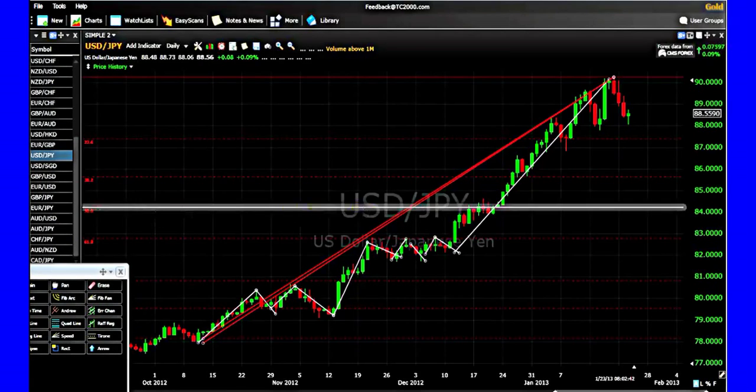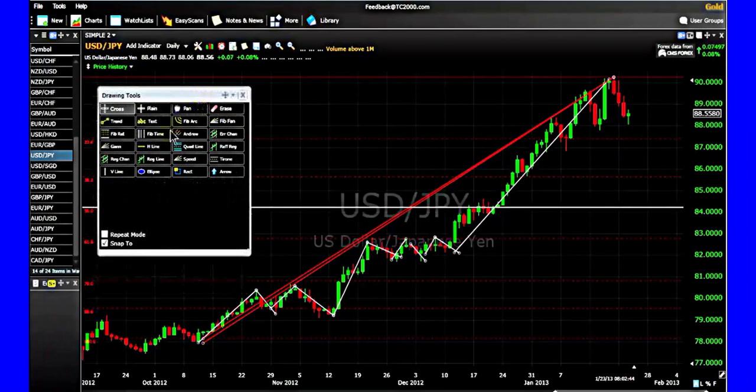So there's a high chance that the second wave of the bigger first wave, which is from here to this level, that's the bigger first wave, because the internal second wave has retraced 50% of the internal first wave, the second wave of the bigger first wave will also retrace 50%.